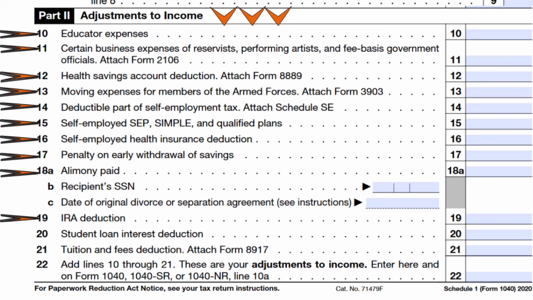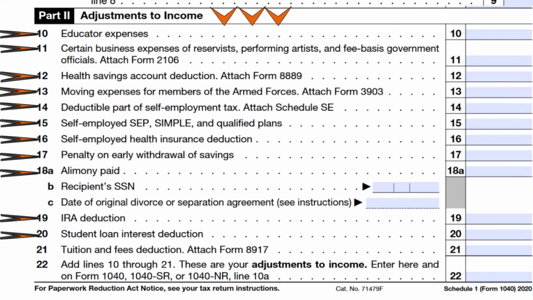So if a contribution goes straight from your paycheck into your IRA without you ever paying tax, you cannot deduct it here. And one thing I want to say, as a reminder here, a Roth IRA contribution is not included here because Roths always require you to pay income tax first.